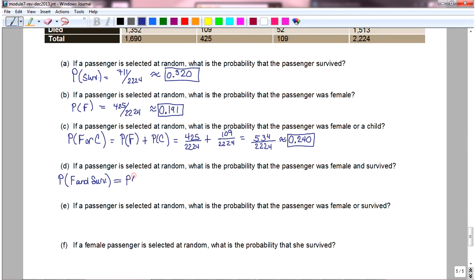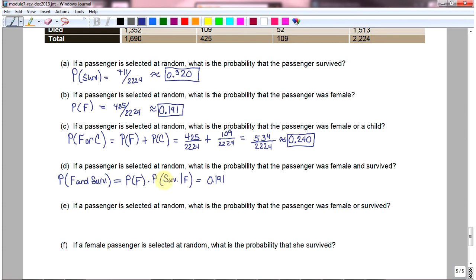So that means we're going to find the probability that the passenger was female and multiply it times the probability that the passenger survived given that the passenger is female. Okay, well, the probability that the passenger is a female we already found to be 0.191 in part B.